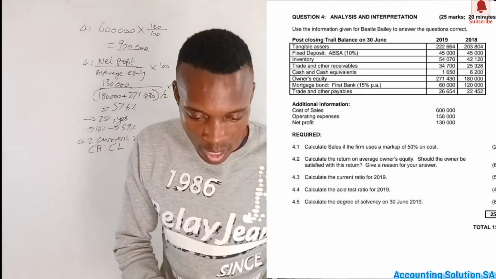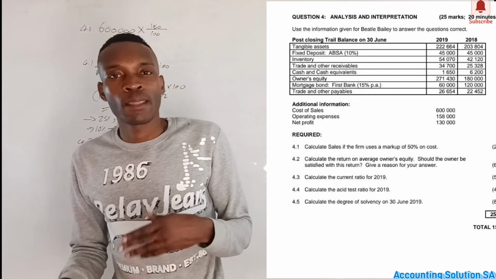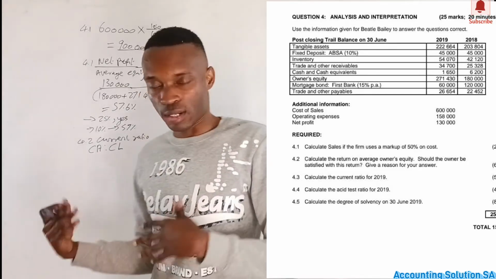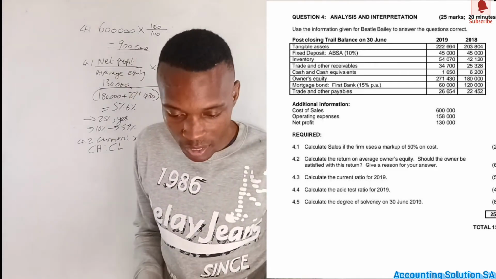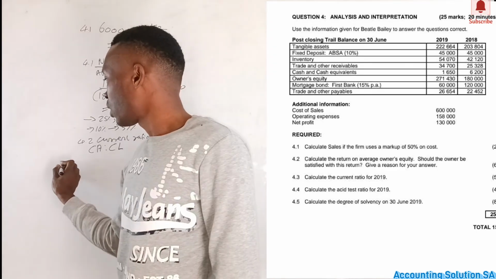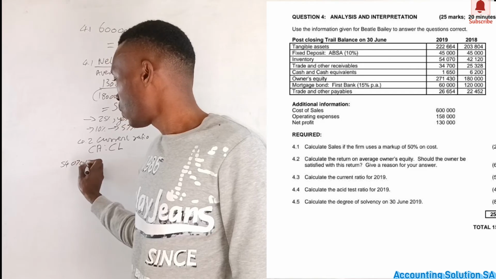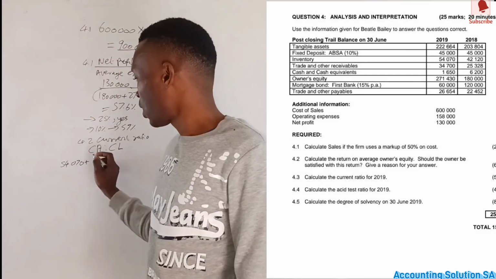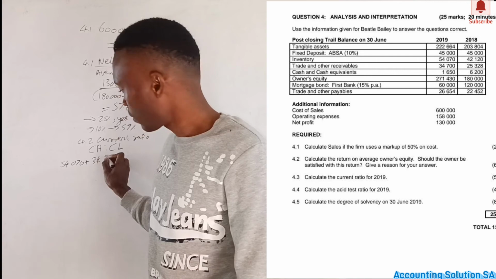We're going to take that out. Then a fixed deposit, in this case, is a non-current asset because it has not yet matured, so it can only be converted into current later, which means that even this one is not going to form part of current assets. But we have inventory of 54,070, which is a current asset, which we are going to add to trade and other receivable, also a current asset, 34,700.